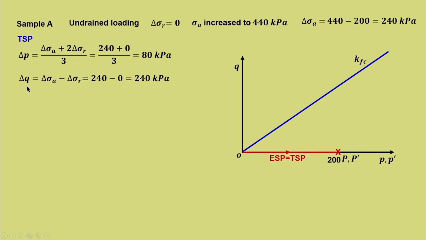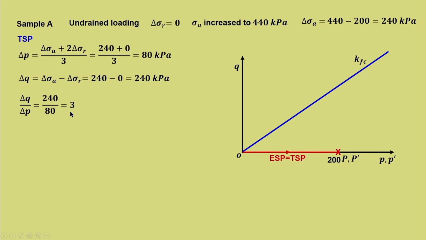In fact, it is loaded to the final value. So, those terminologies and English usage you have to keep in mind. Delta q is equal to delta sigma a minus delta sigma r, which is 240 minus 0, which is 240 kilopascal. Delta q upon delta p is 240 by 80, which is equal to 3.